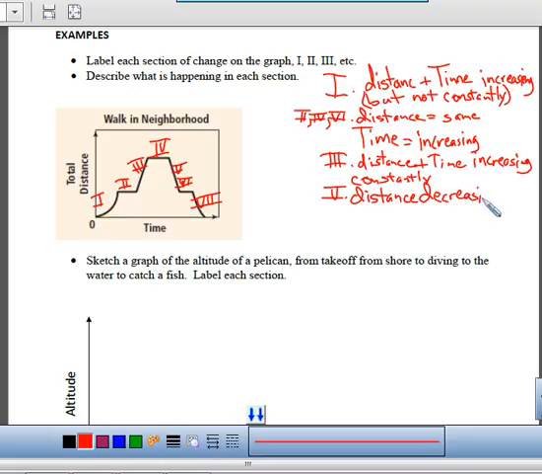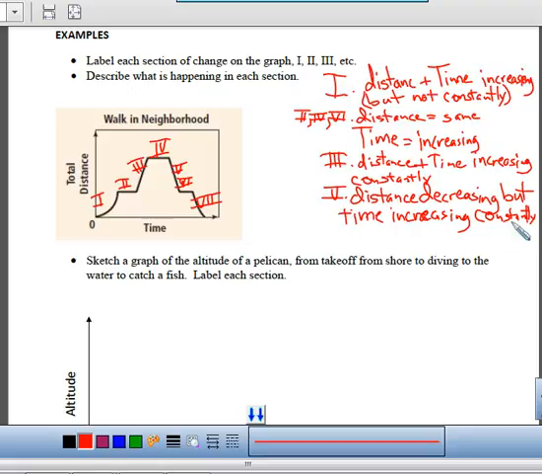The time is increasing at a constant rate, or constantly.